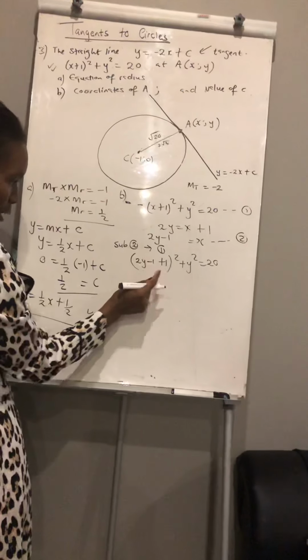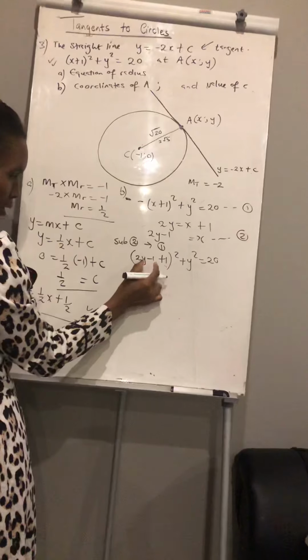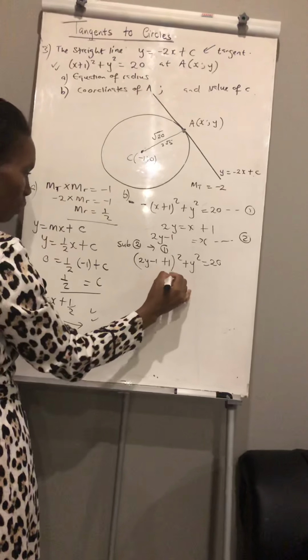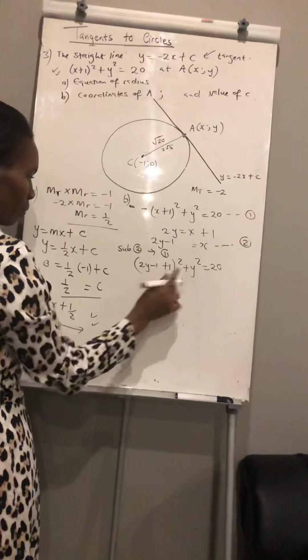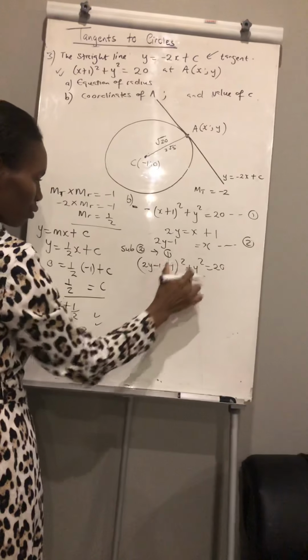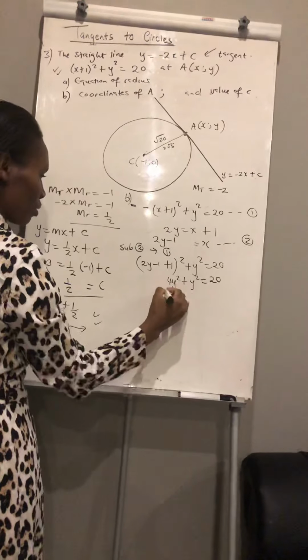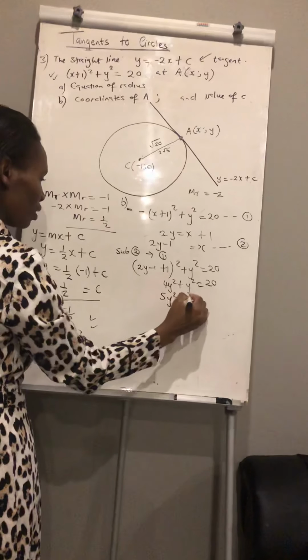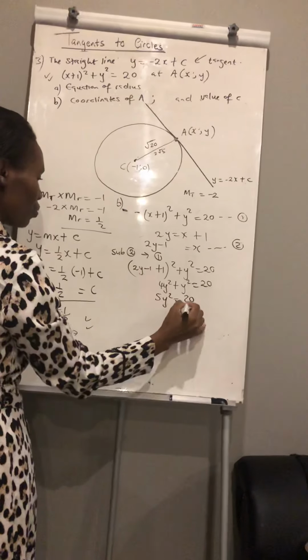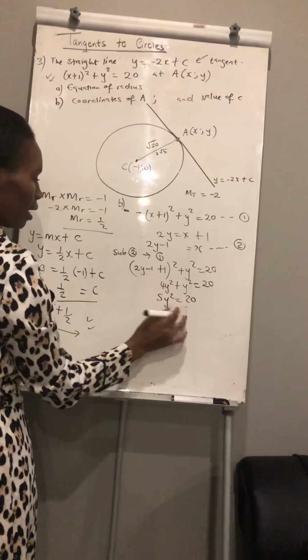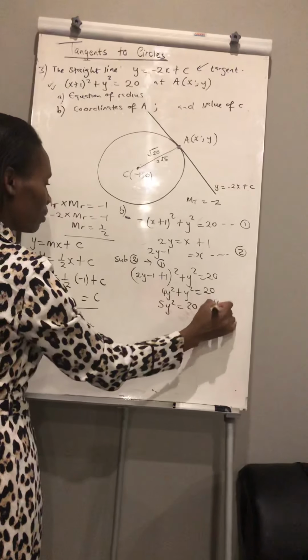So this is 2y only left, 2y all squared will be 4y squared, and then plus y squared is 20. So it does look like 5y squared is 20 here. y squared will be 4.